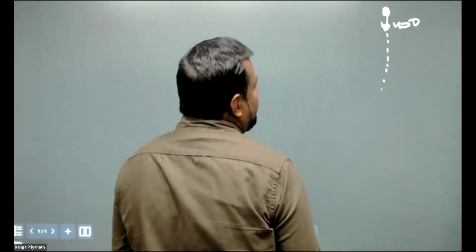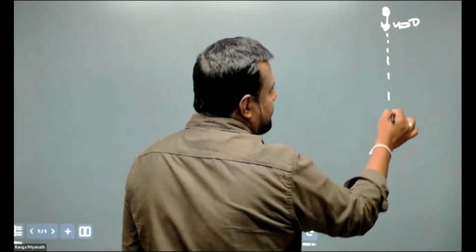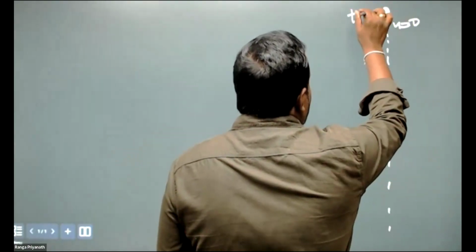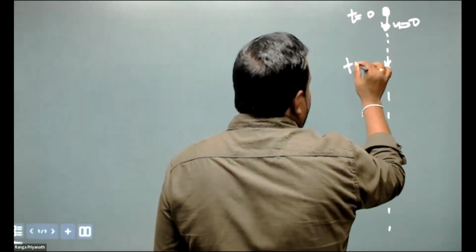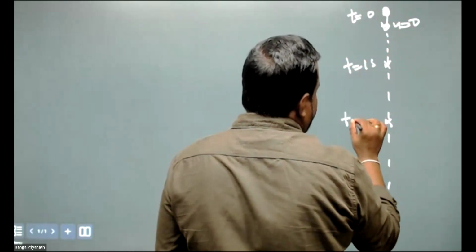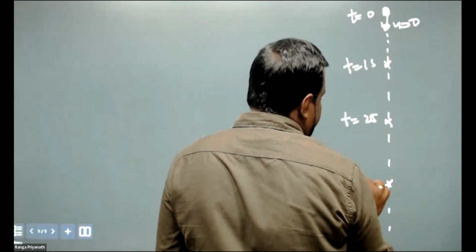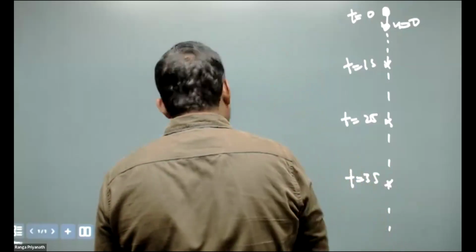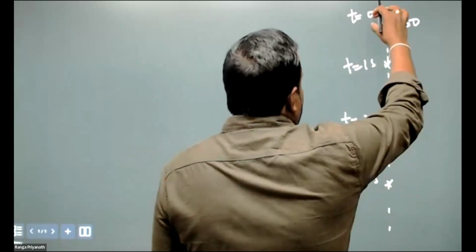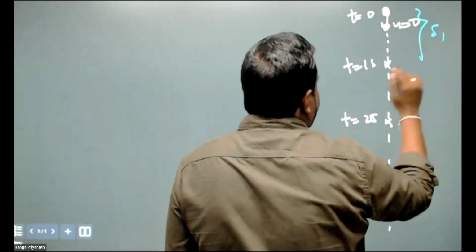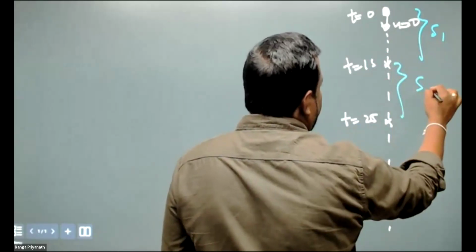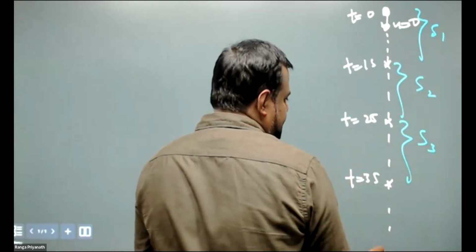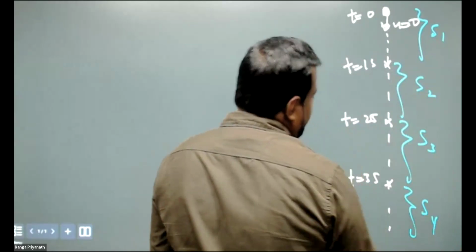Here you have to know t equals 0, t equals 1 second, 2 seconds, 3 seconds, and you can go even to 4 seconds. This is the displacement during the first second, the second second, the third second, and the fourth second.